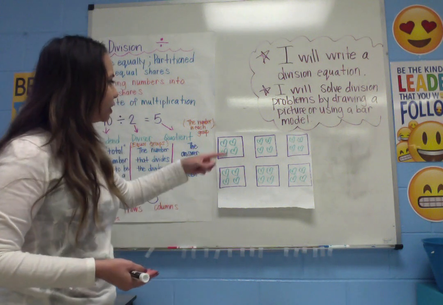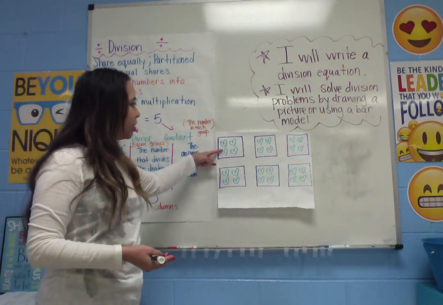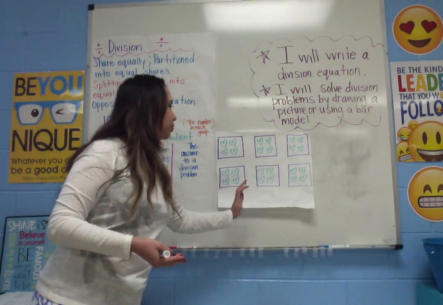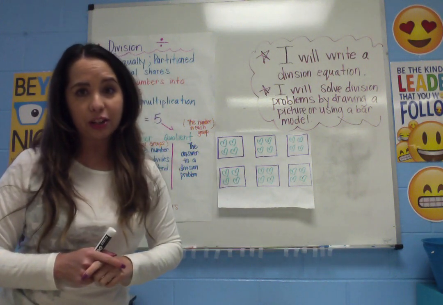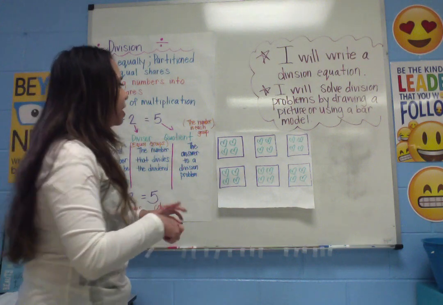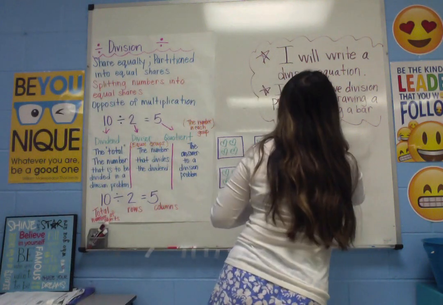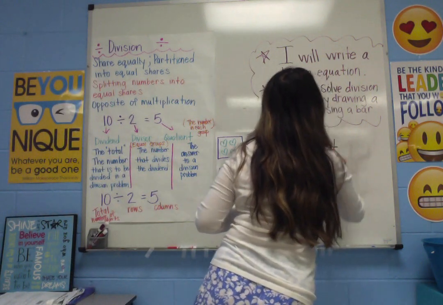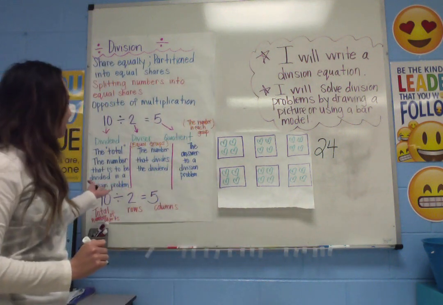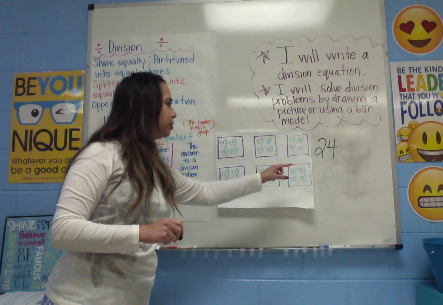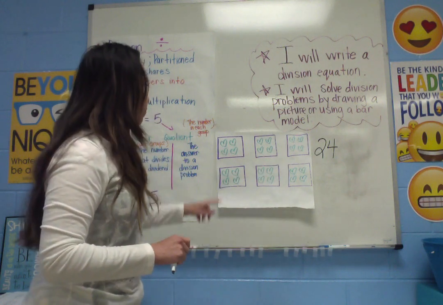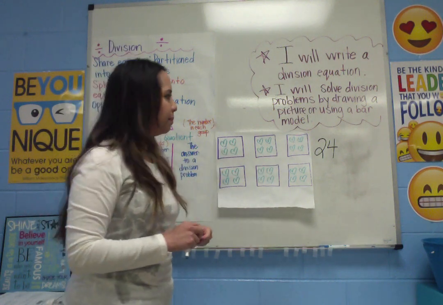I know that there are 6 groups, and there are 4 hearts in each group. I'm using my multiplication facts: 6 times 4 is 24. 24 is my total number of hearts. That is my dividend, okay?